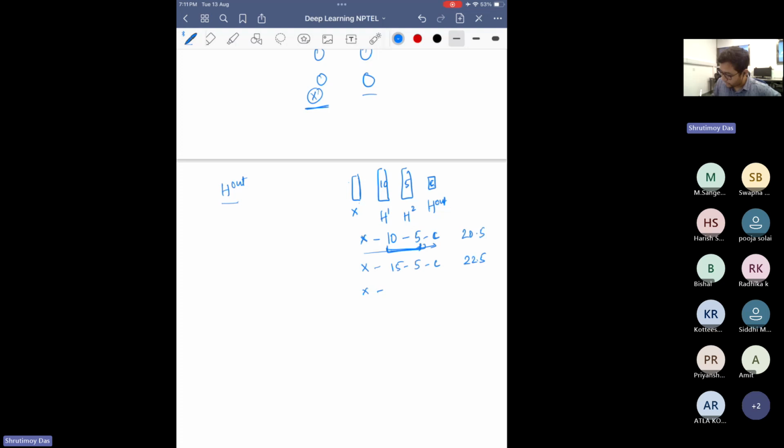Now again I take 100 and 200, and suppose now I get a loss of 0.5. So this is your model 1, this is your model 2, this is your model 3. Out of these three, which model should I take? Third, right?